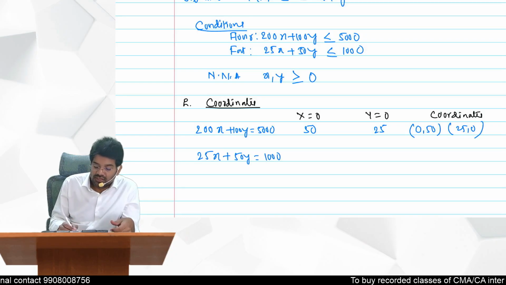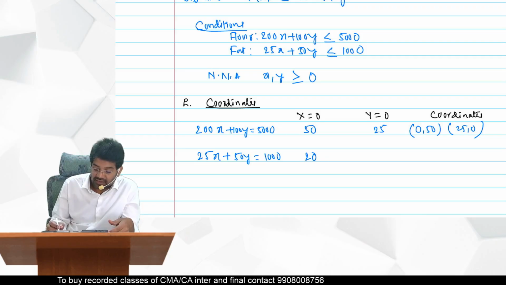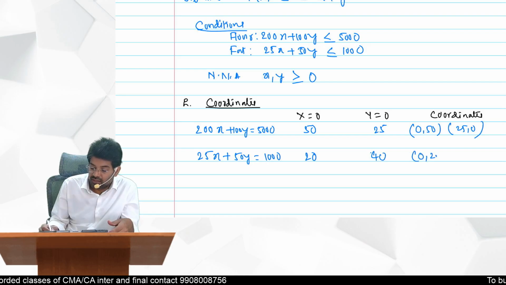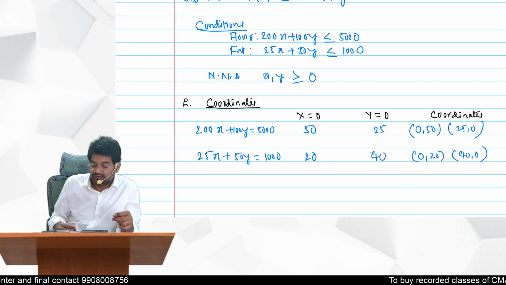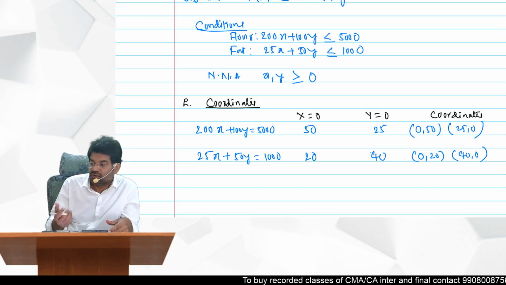First x is equal to 0, then 1000 divided by 50. So it is 20. Next, if y is equal to 0, then x is equal to 1000 divided by 25. So it will be 40. So the coordinates here: 0 comma 20, other one is 40 comma 0, and other one is x is equal to 0, y is equal to 0. Even non-negativity also we should plot.